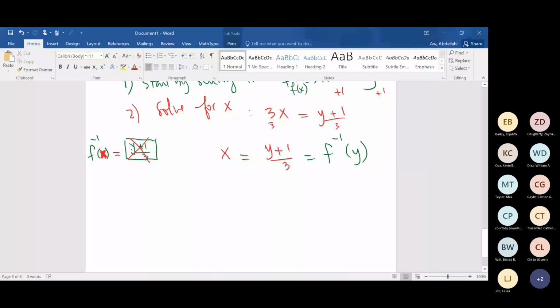When the machine expects x, you have to put x. But this is a very quick fix. The third step is to change y to x. So I get f minus 1 of x is equal to x plus 1 over 3. That's it.